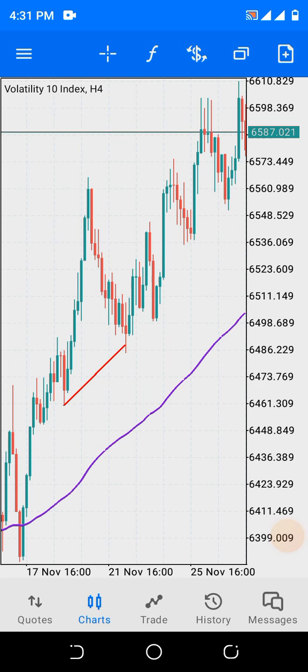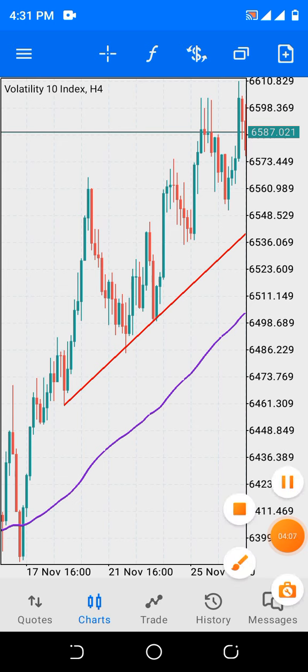There should be your entry. Now what you need to do is to extend the trend line, making use of those 2 higher lows. You extend your trend line and wait for the third touch.